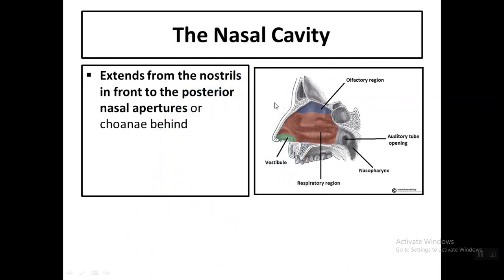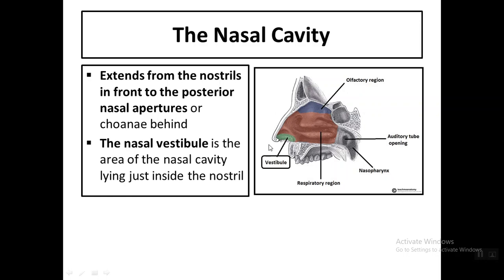First, the nasal cavity extends from the nostrils, the elliptical openings in front, to the posterior nasal apertures, called the choanae. The choanae lead into the nasopharynx. The nasal vestibule is the area of the nasal cavity lying just inside the nostrils.